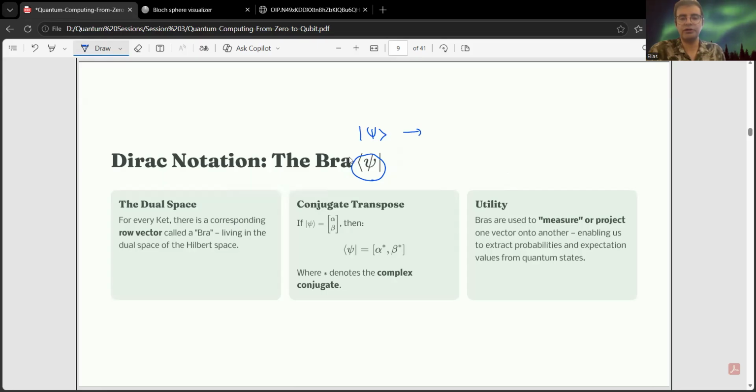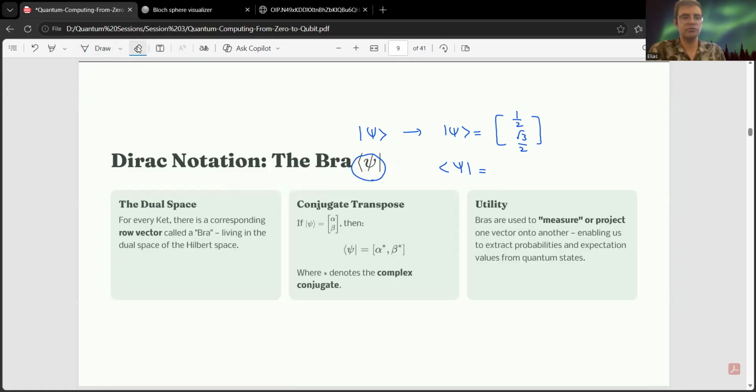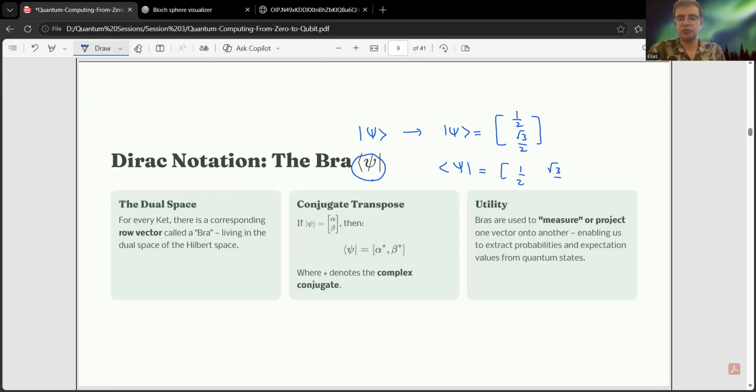If your ket is equal to a vector, 1 divided by 2, square root of 3 divided by 2, in that case your bra will be a horizontal vector: 1 divided by 2, the square root of 3 divided by 2. So you see, I just found the dual for this ket.